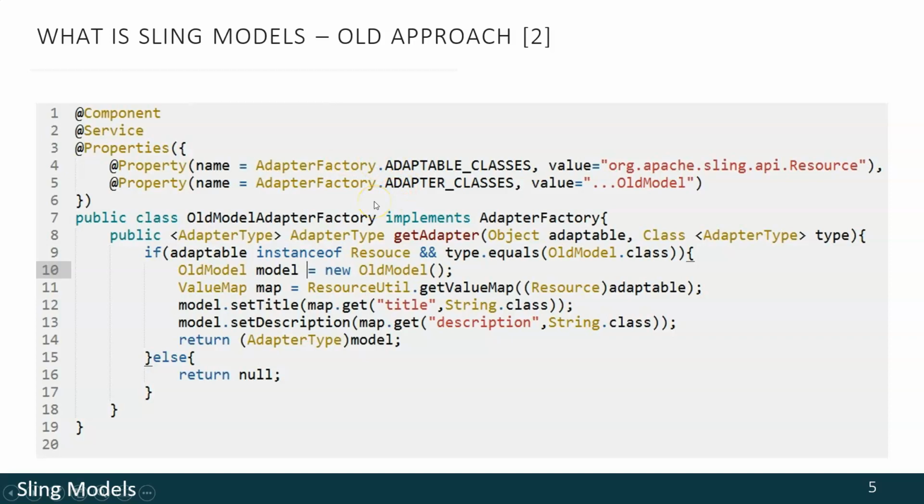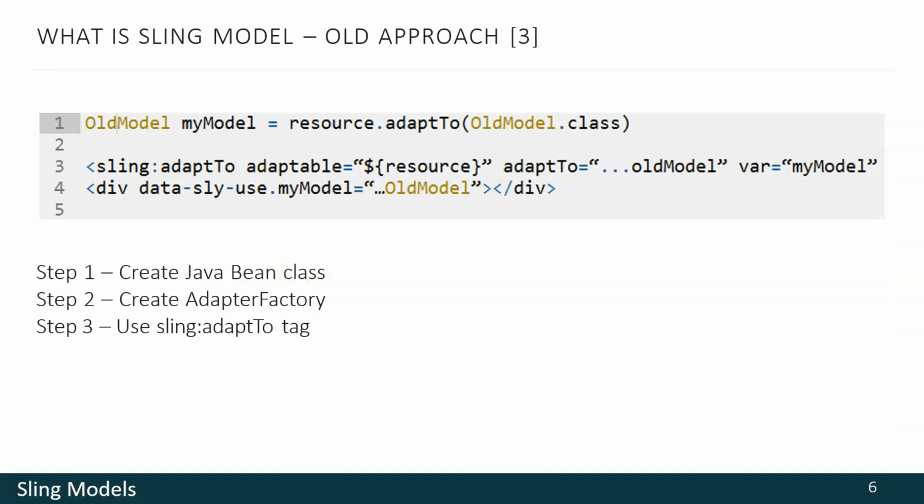Here we specify the property, and here is the logic of adaptation. Read values from the resource and set these values to our model class. And finally, we can use the adaptTo method and get our model object with values from the resource we are adapting from.